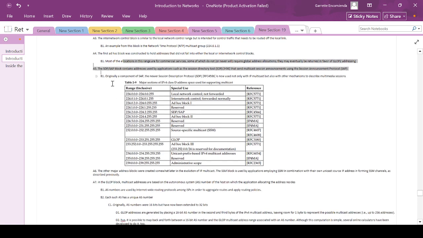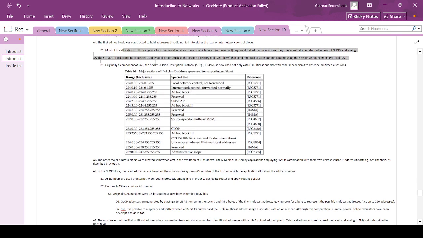The SDP or SAP block contains addresses used by applications such as the Session Directory Tool or SDR that send multicast session announcements using the Session Announcement Protocol or SAP. Originally a component of SAP, the newer Session Description Protocol SDP is now used not only with IP multicast but also with other mechanisms to describe multimedia sessions.